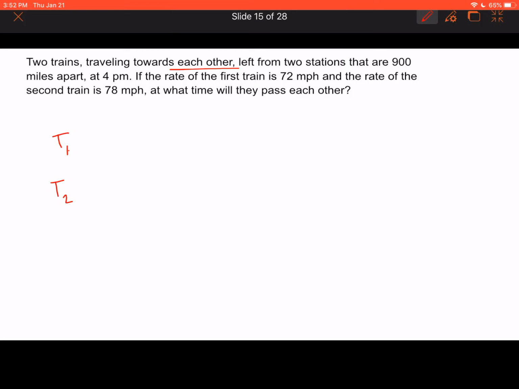The two trains are traveling, and the total distance apart is 900 miles. They are starting at 4 p.m. The first train goes 72 miles per hour. The second train is 78 miles per hour. What time will they meet? This is going to be the same formula.